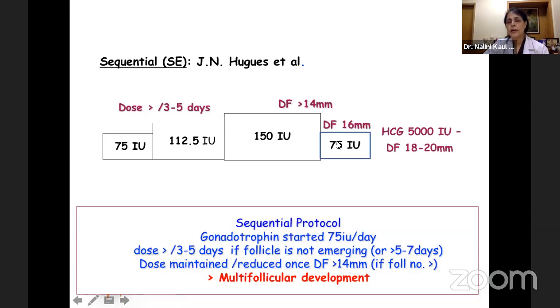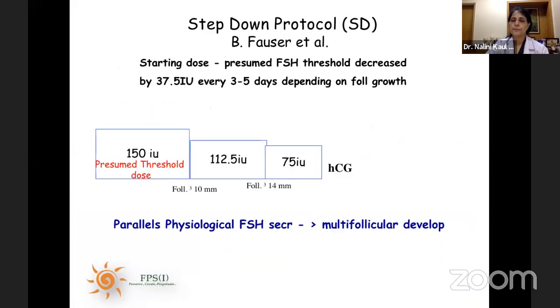However, with all gonadotrophin protocols, let me tell you, it's really, really difficult to do that fine tuning to get that 1 single follicle. Invariably, you have multifollicular development and you're then stressing because the patient may go into hyperstimulation.